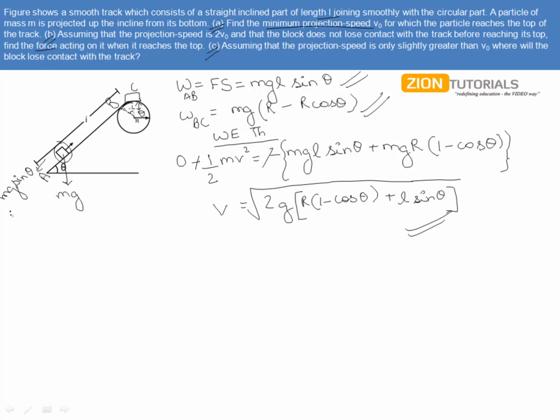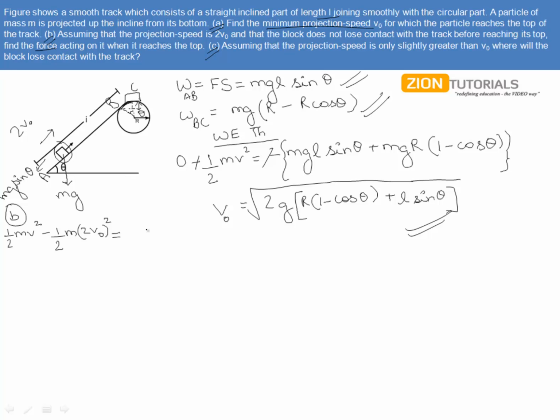Now proceeding with the next part of this question, we need to find out that if the initial speed given from here is twice of the minimum speed, that is v0 from the first part, then we need to find out the force acting on the block at the point C. Now if we take the velocity at C to be v, then we have the change in the kinetic energy as half mv square minus half m twice of v0 whole square equal to total work done, and the work done from A to C we have actually calculated in the first part.